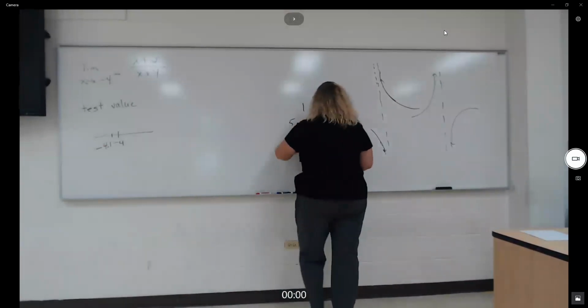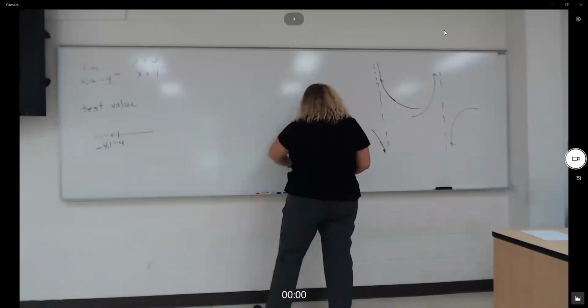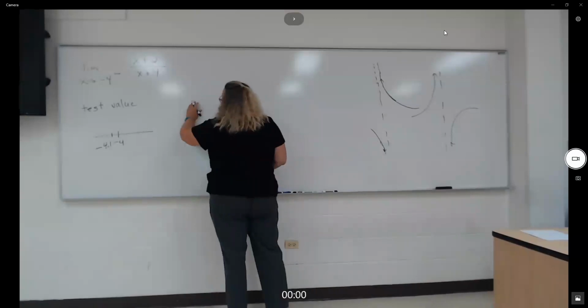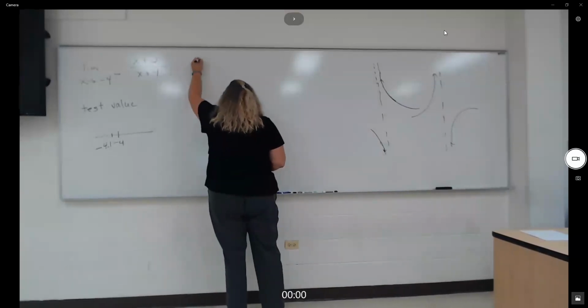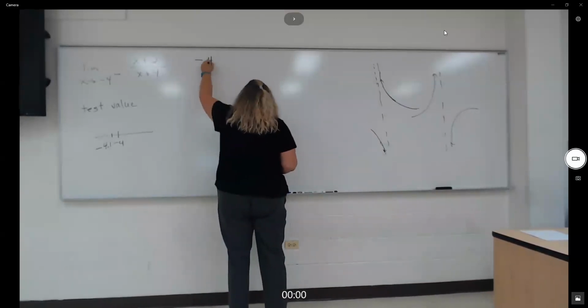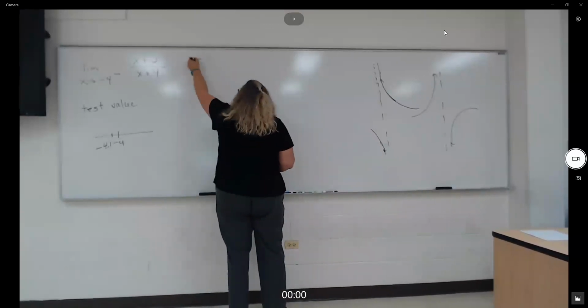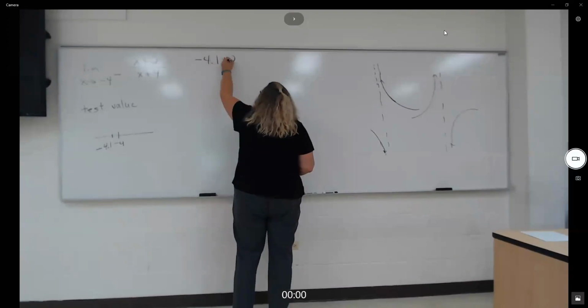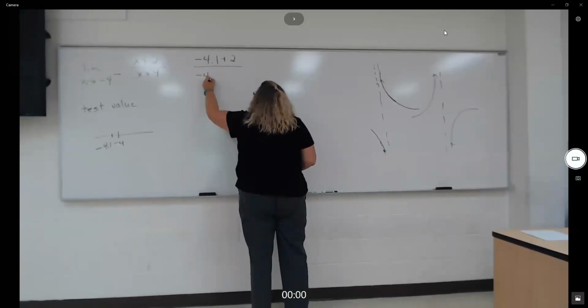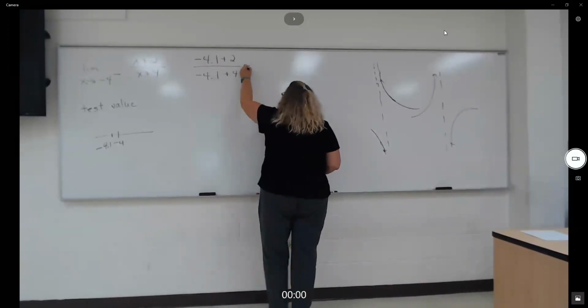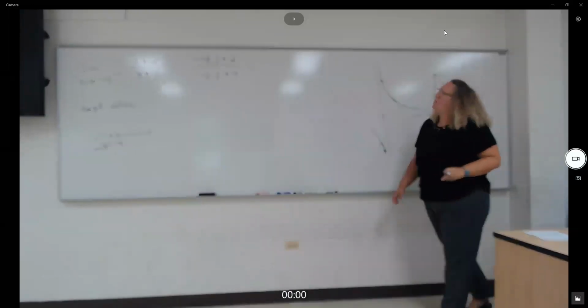And then you just simply plug it in. You can come up with a number, but the main thing is we just care if it is negative or positive. So -4.1 plus 2, and then -4.1 plus 4. So that gives us what?